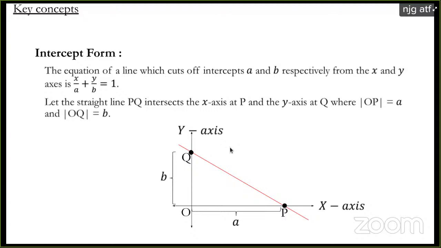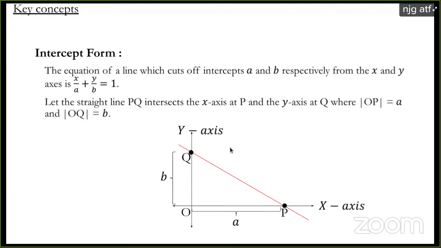No, you have to use the exact values there, but here it is given as distance. It is just the notation of the distance value, and distance will not be negative. From O to P, the distance is A, not the coordinate. If it is on the negative side, in the equation you will use the negative sign.